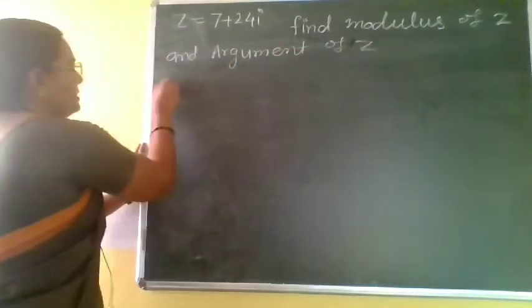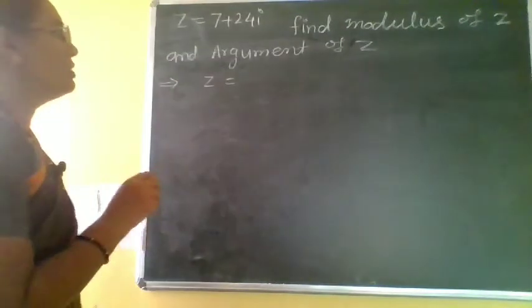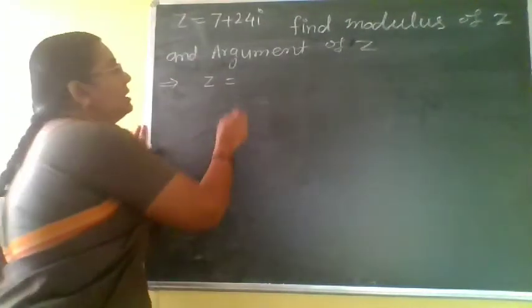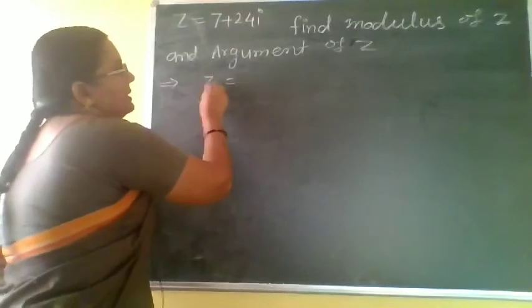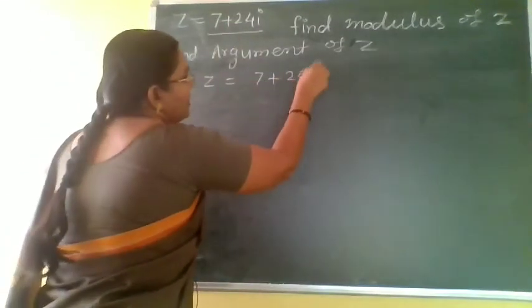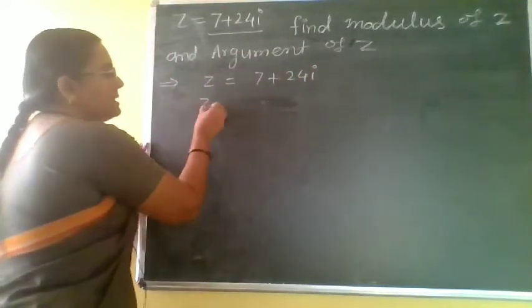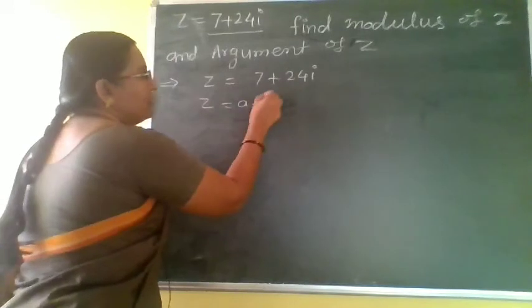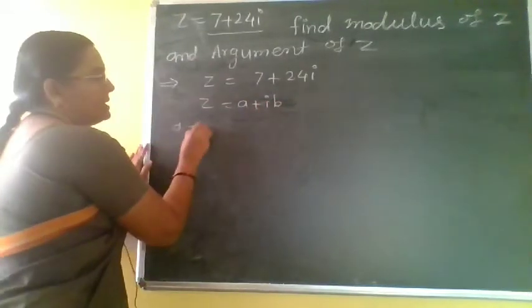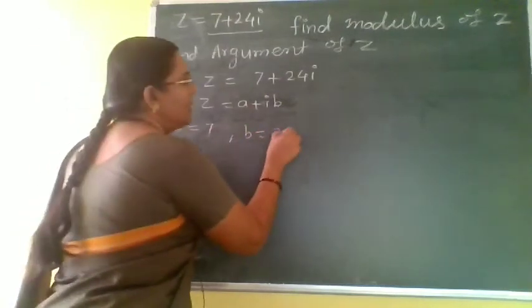We have seen the formula for the modulus of z and argument of the complex number z. Here z is equal to 7 plus 24i, and comparing with the format of the complex number, z is equal to a plus i into b, we get a is equal to 7 and b is equal to 24.